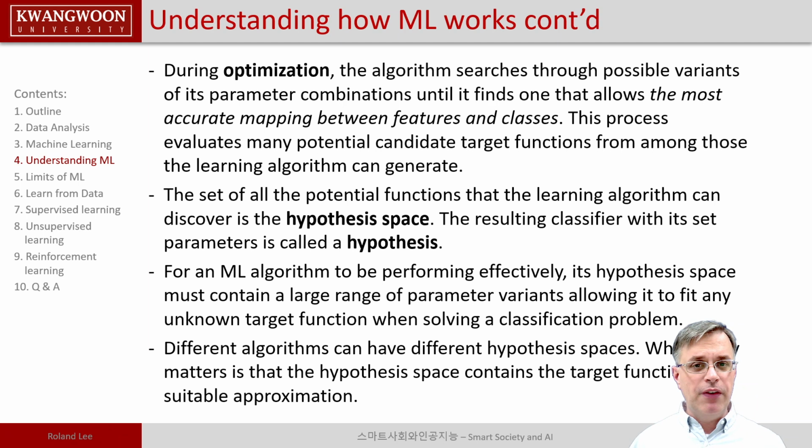What really matters is that the hypothesis space contains the target function or a suitable approximation, which is a different but similarly working function. Now you can imagine this phase as a time when a child experiments with many different creative ideas by assembling knowledge and experiences in an effort to create a visualization of a tree.